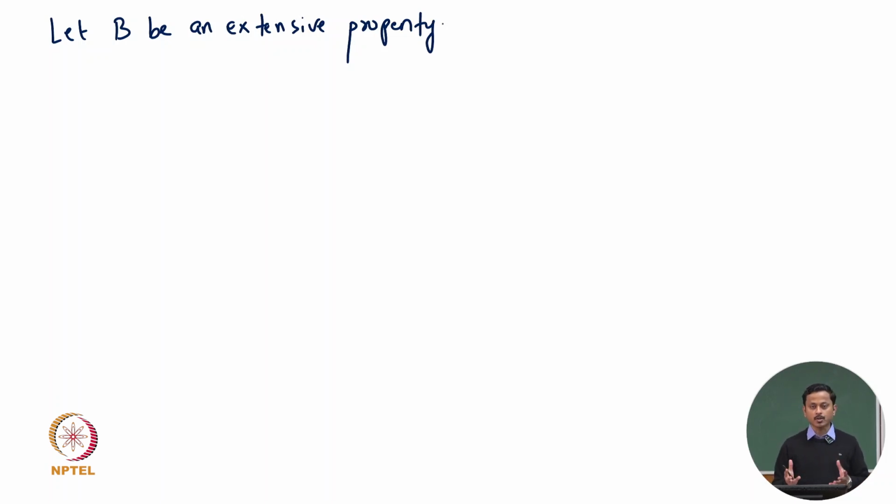Something which does not depend on the quantity of matter, for example, specific heat and density, are intensive properties. But some quantities which depend on the quantity of matter in the system are extensive properties. For example, the total mass of the system is an extensive property, or the total heat capacity is an extensive property. So let B be an extensive property of the system.